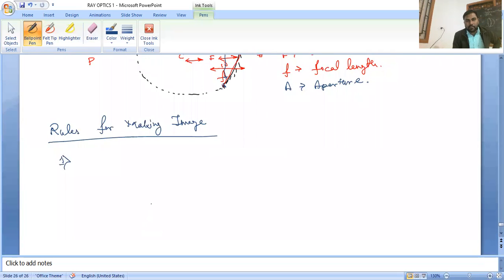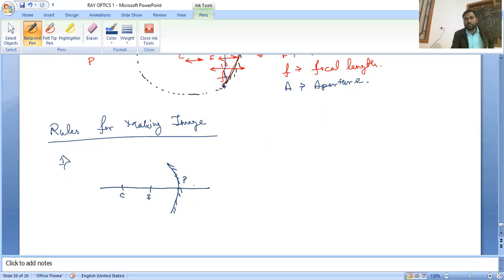Let us take a concave mirror. Listen very carefully. These 2-3 rules are very important in this chapter. This is my principal axis, the center line. This is my center of curvature, this is my focus, and this is my pole.